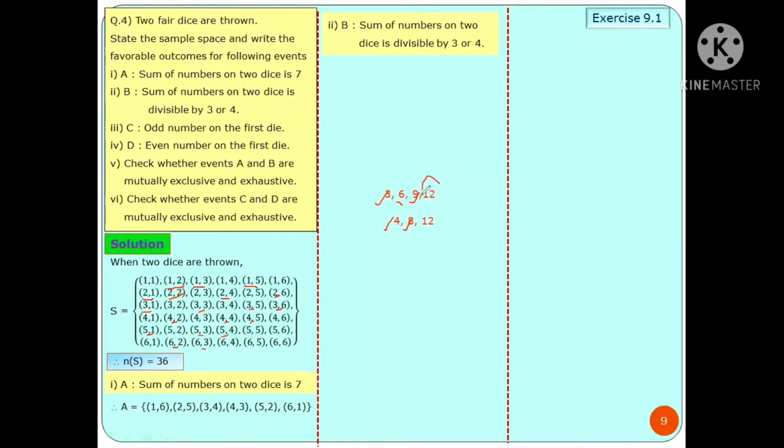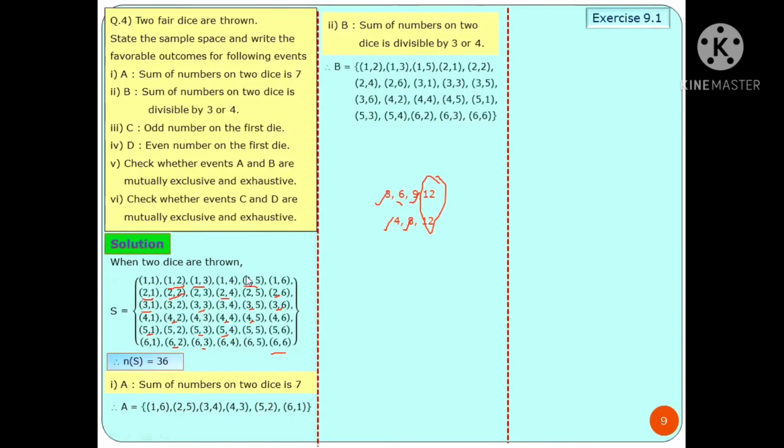Then sum 12: only one outcome, (6,6) as a pair. Now these outcomes for event B are underlined here. Next, event C.